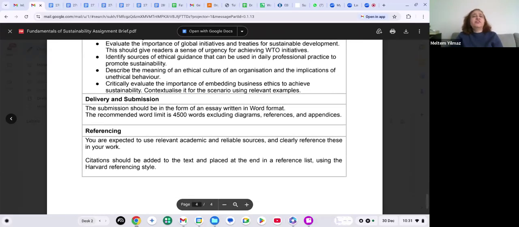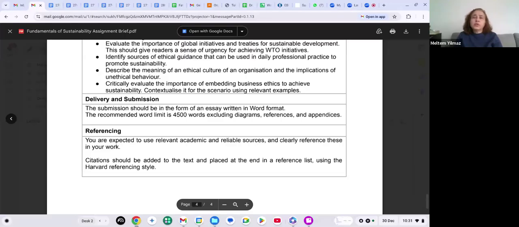The submission and the delivery. So the submission should be in the form of an essay, written in a Word format. The recommended word limit is about 4,500 words, excluding diagrams, references, and appendices.